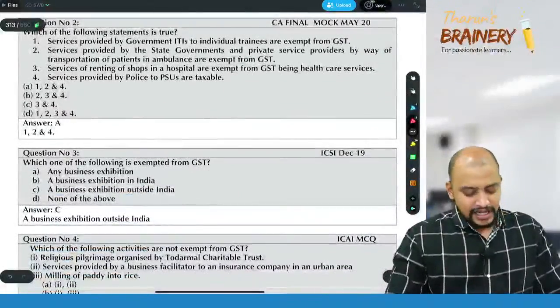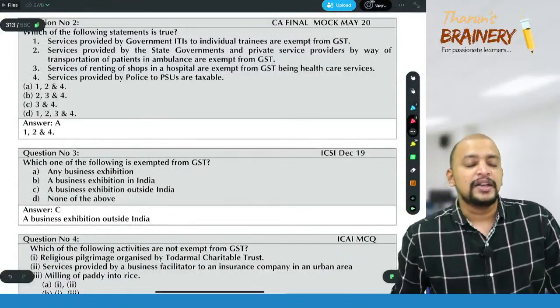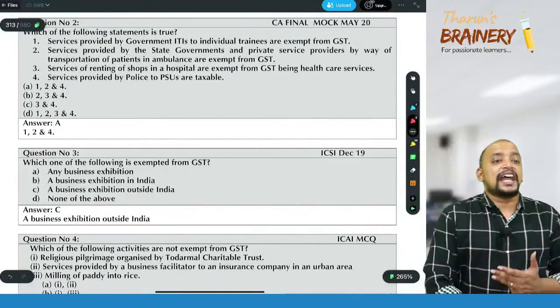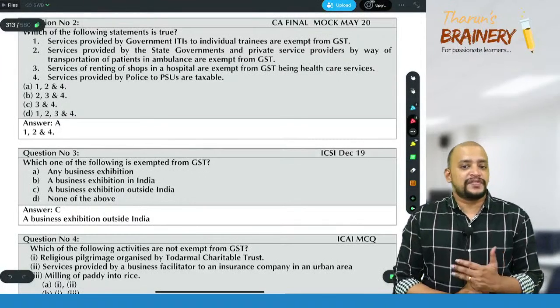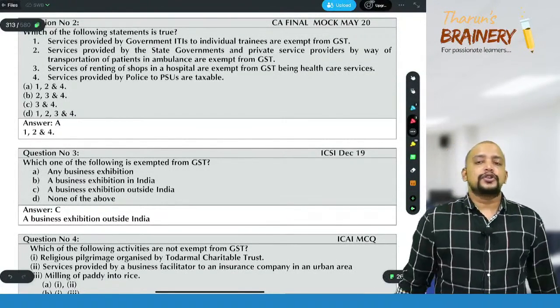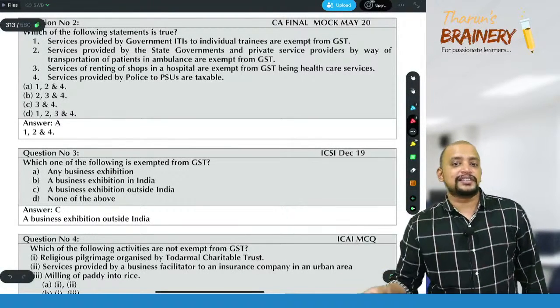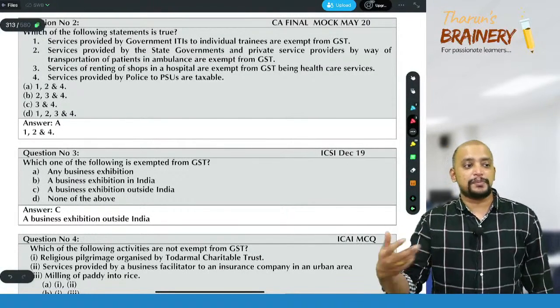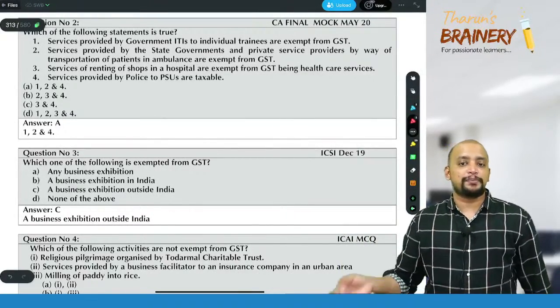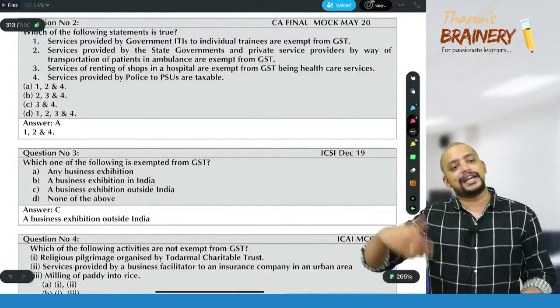And the agenda for next Saturday is that we will be discussing questions from time of supply, invoice and time of supply, and then value of supply. If time permits, I will discuss value of supply, because invoice and time of supply have a lot of good questions, and value of supply, if I am not able to complete, I will carry forward.